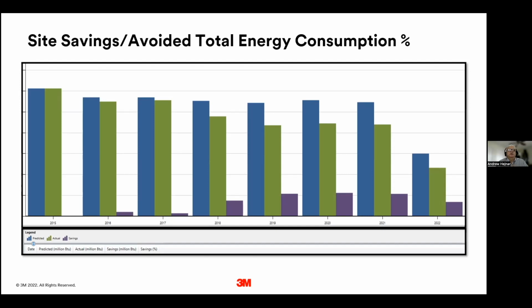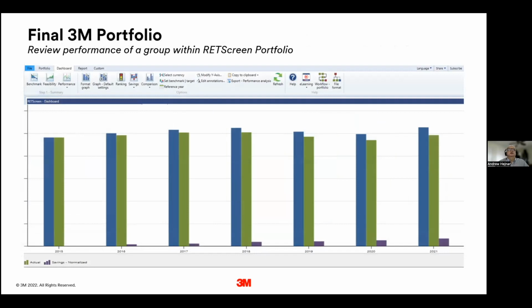Then starting in 2016 all the way to 2022, we see quite significant savings from that site. And then we also can use a final 3M portfolio. So we basically roll up all the sites into a portfolio model, and then we see company-wide how well we are performing when it comes to energy performance and savings.